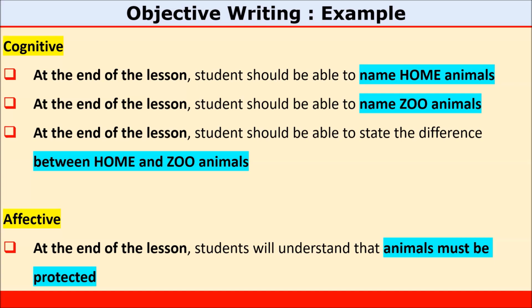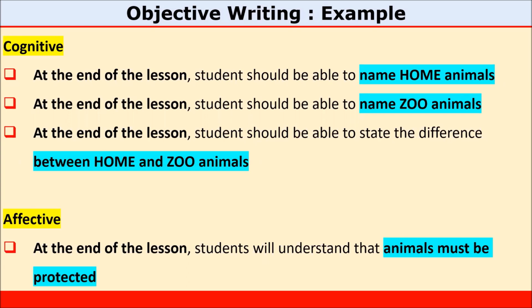At the end of the lesson, students should be able to name zoo animals. Another objective may be that students should be able to state the difference between home and zoo animals. These are knowledge objectives. They develop the knowledge of the students.